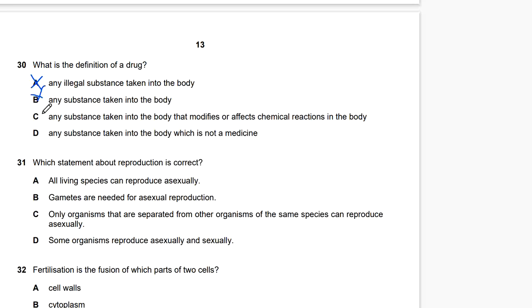Any substance taken into the body that modifies or affects chemical reactions in the body is called a drug. Yes. Any substance taken into the body which is not a medicine is also not correct. In taking the test, sometimes, just sometimes, the longest choice is actually the correct answer.